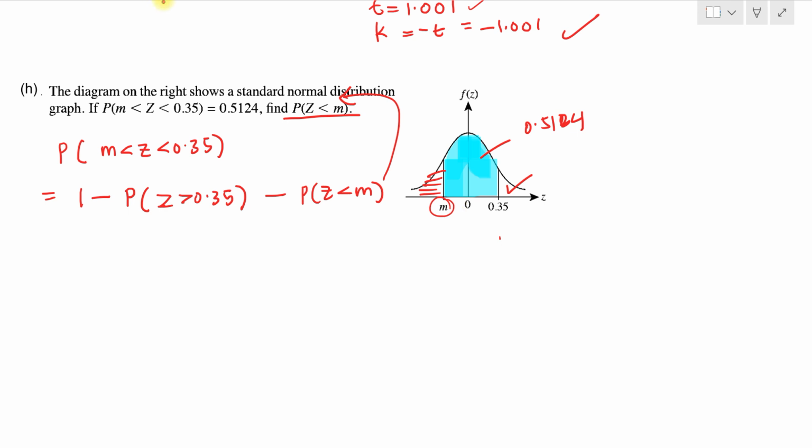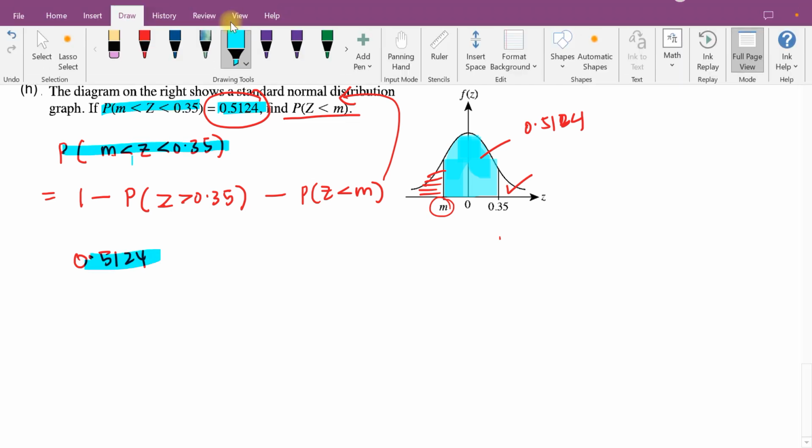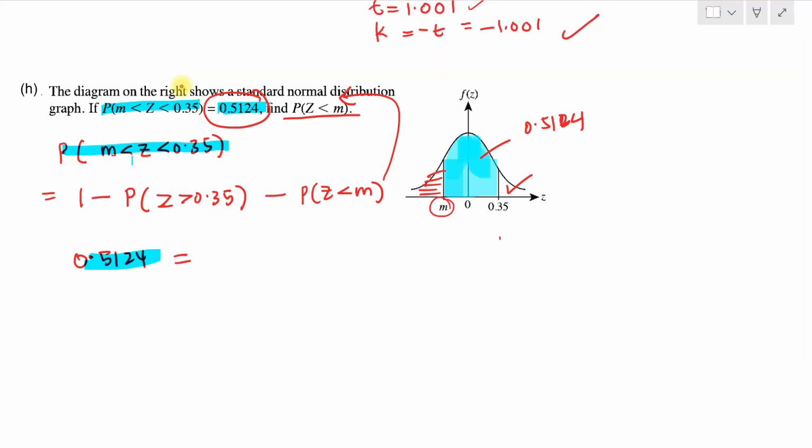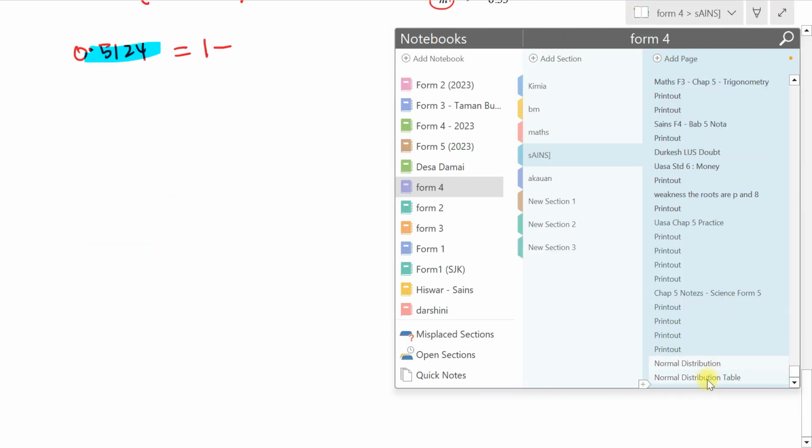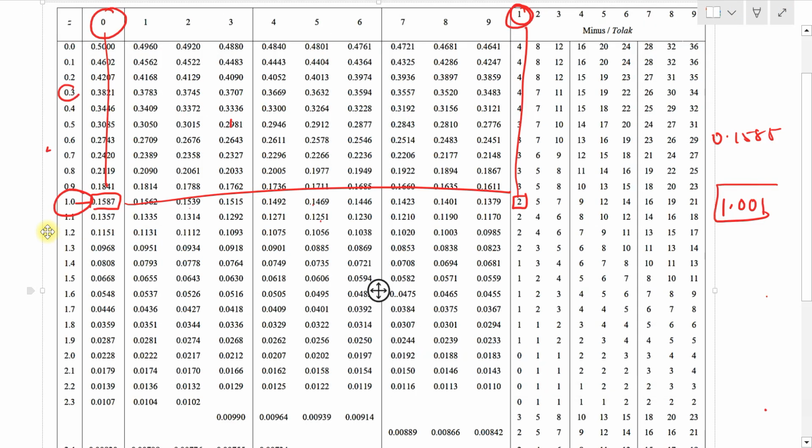So now we substitute the values. P of m until 0.35 is already given, 0.5124. Okay, this one: 0.1524 equals 1 minus probability z greater than 0.35. We can read from the table. 0.35 is here. Okay, we are finding the probability.